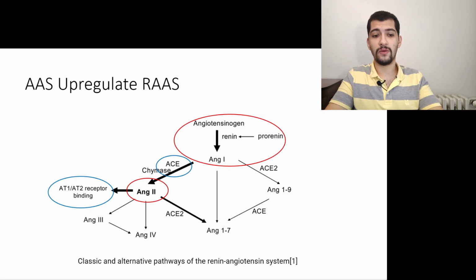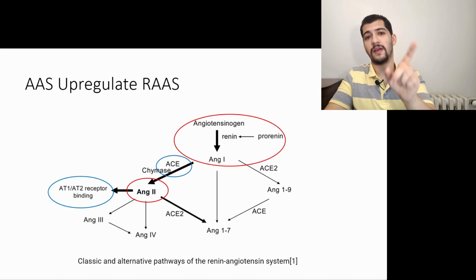Because when the AT1 receptor gets stimulated, you're gonna have fibrotic, inflammatory responses. It's responsible for almost all of the inflammatory, oxidative and also profibrotic things.